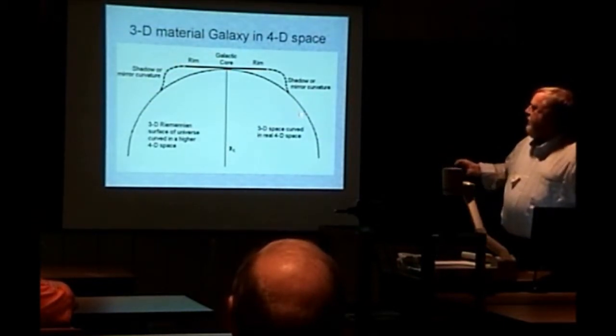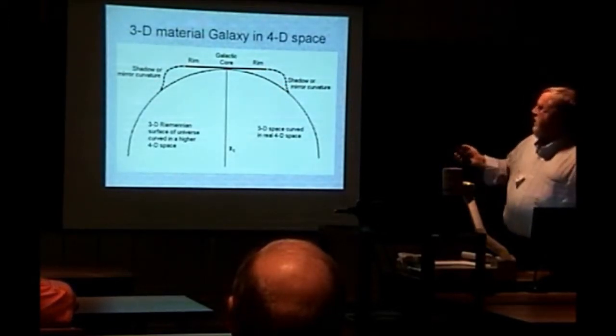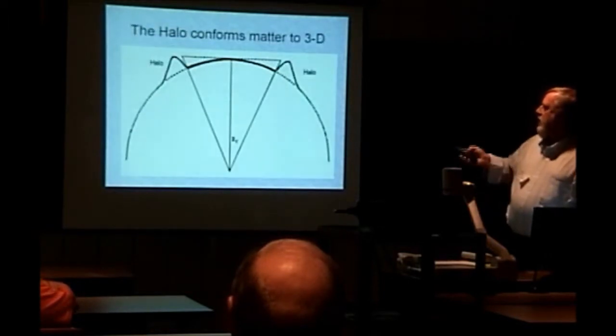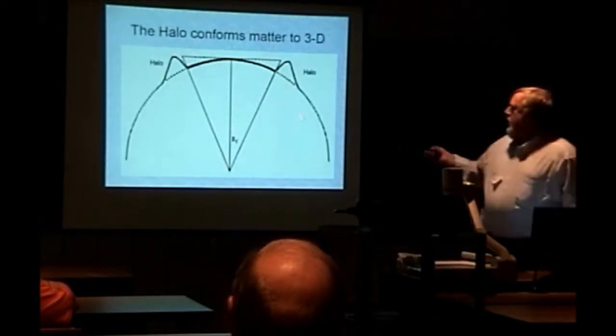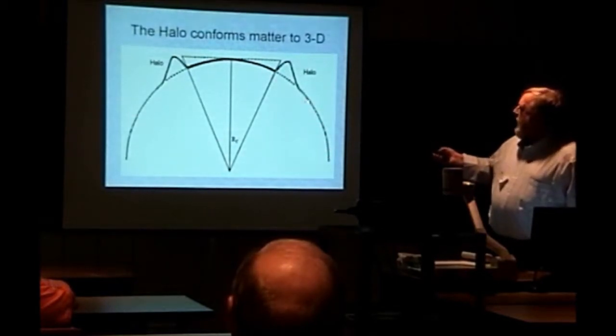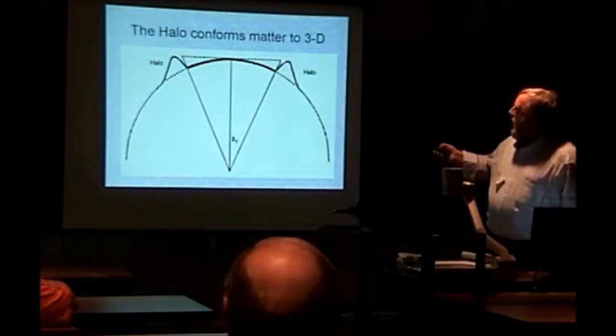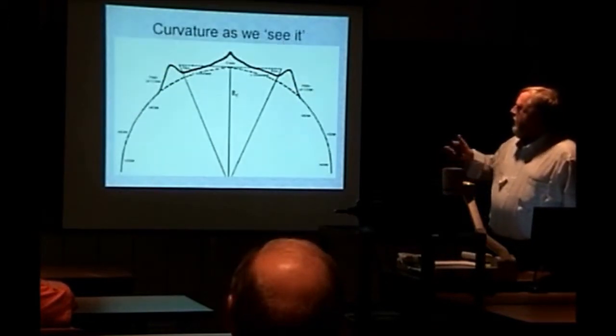Now space-time curvature has to pull up to meet the rim. I call that a shadow or mirror curvature. But in reality, we're three-dimensional objects. We are in this surface, in a sense. So when we see a galaxy, we're looking through three dimensions, and what we see is the galaxy here, not up there where it really is. And then that creates this halo effect.